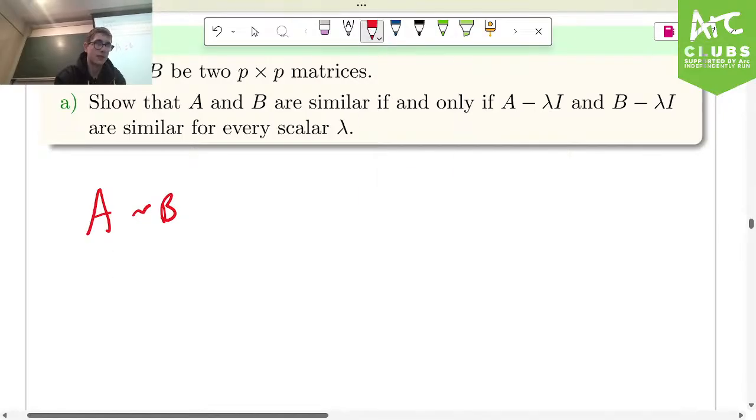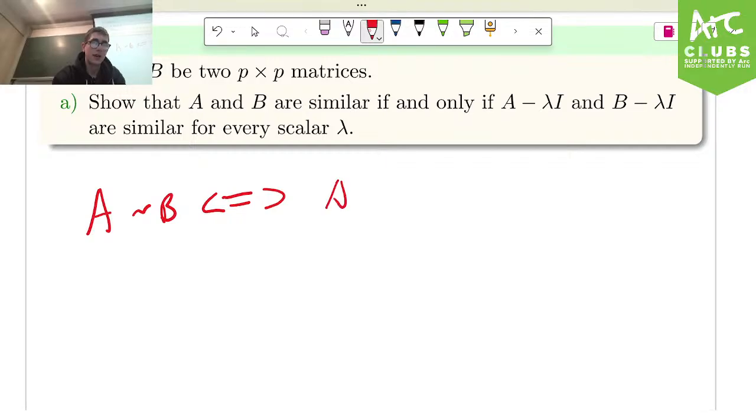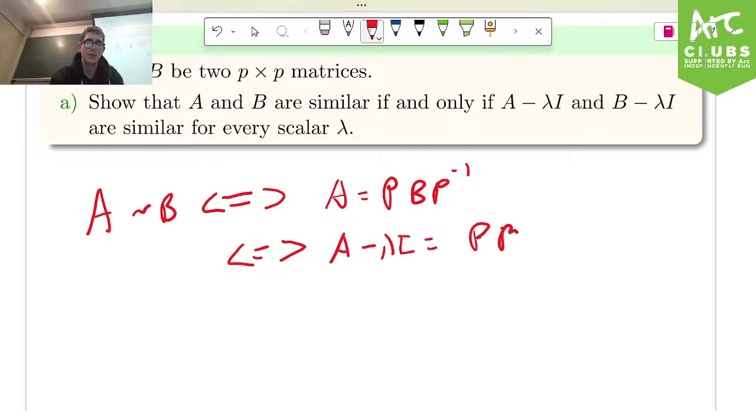I'm going to use this little squiggle to mean similar. If and only if, as in I'm going to draw the double arrow, A is equal to P B P inverse for some invertible P. If and only if, well, all we have to do now is look at A minus lambda I. Just add lambda I to both sides, so A minus lambda I is equal to P B P inverse minus lambda I. And by the way, I forgot to mention this, I believe similarity invariance is 2601 only as well.